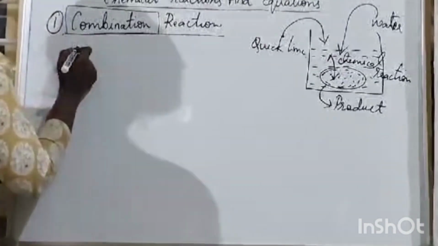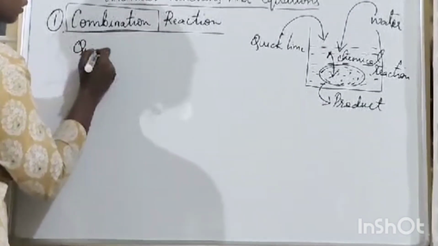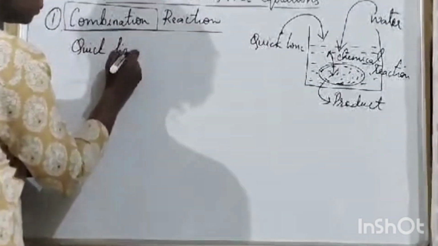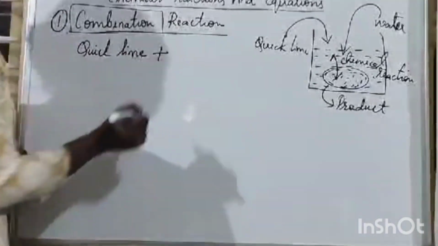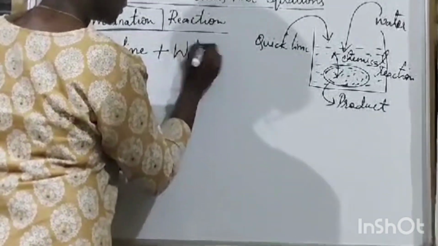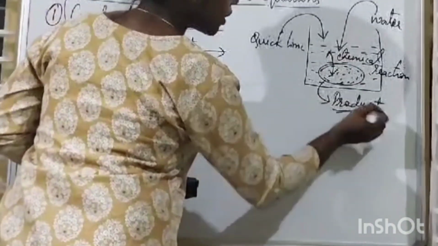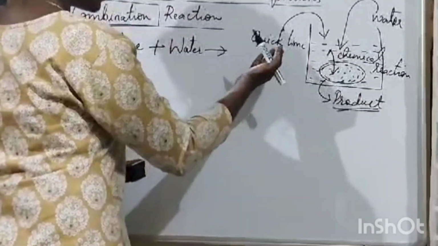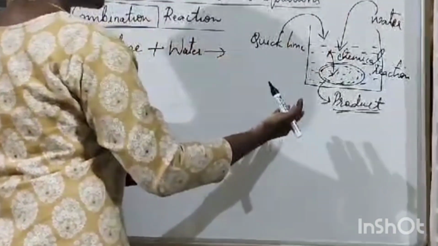First we added quicklime to the beaker. Next, to this quicklime we added water. And after adding we got a product. What is the product when you add quicklime and water together?